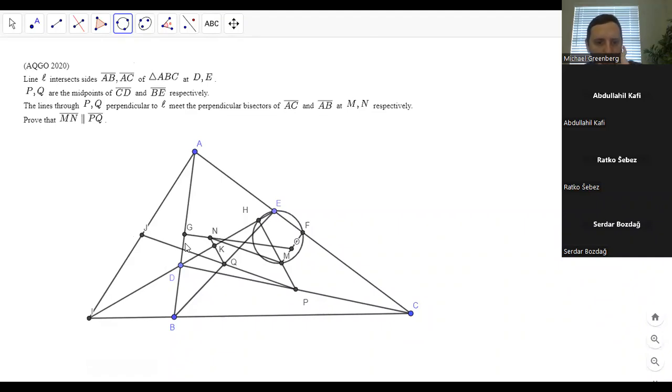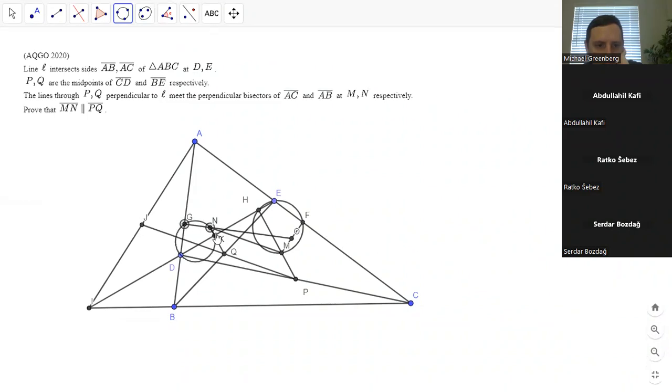So does that make a cyclic quad somewhere? This one right here. Yeah, I'm not sure how useful this Gauss line is.